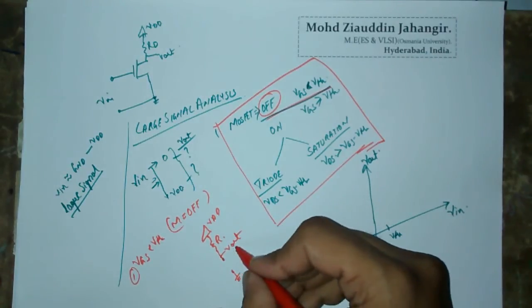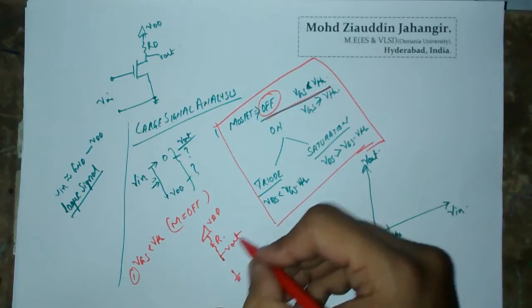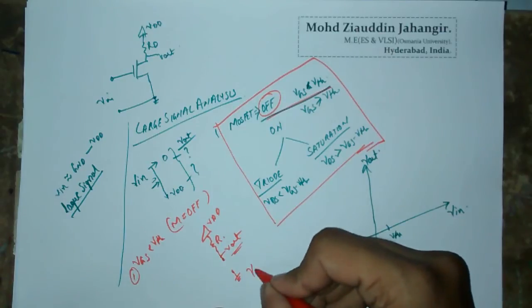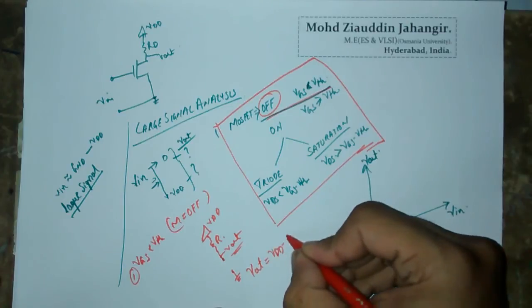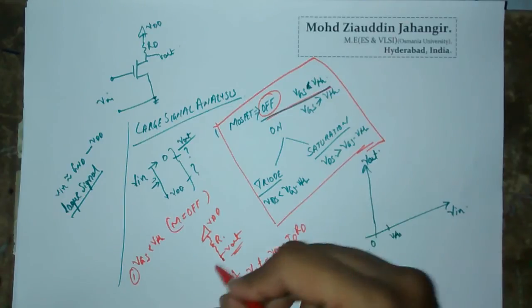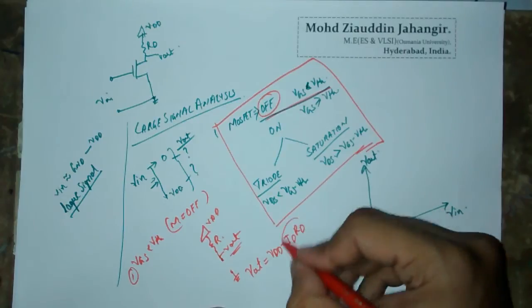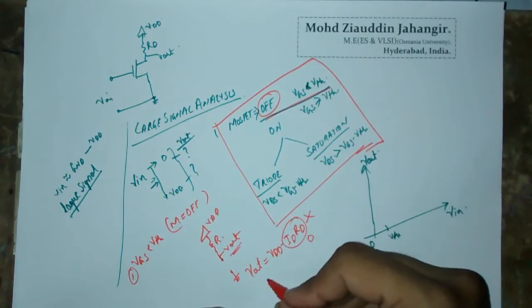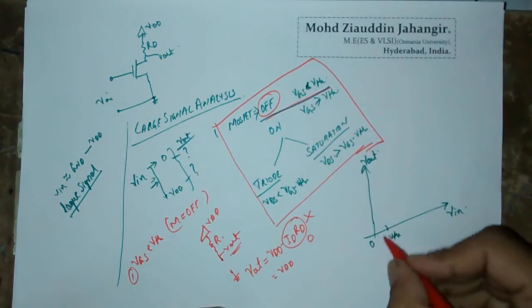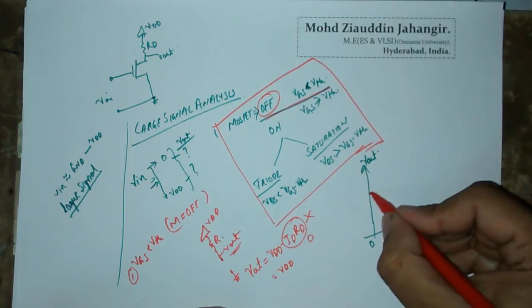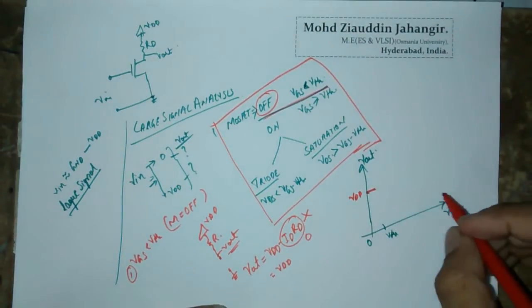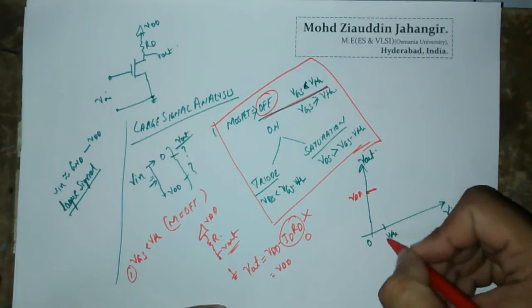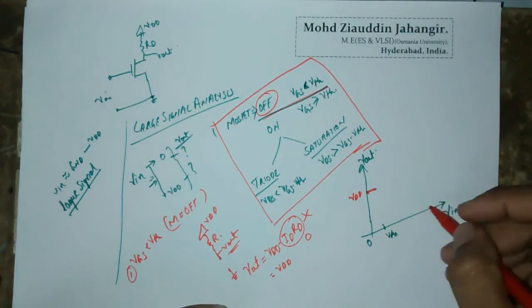So what will be the Vout? As there is no current flowing, Vout, which is given by VDD minus ID into RD, has this term become 0, and you are going to get VDD. So till this point your output voltage will be VDD.